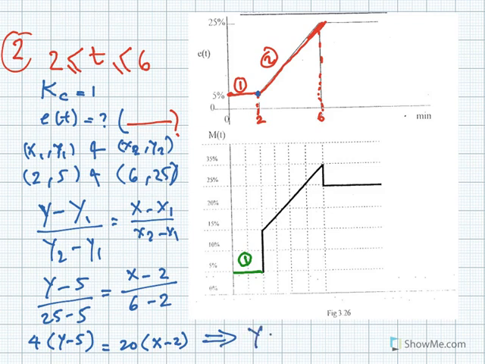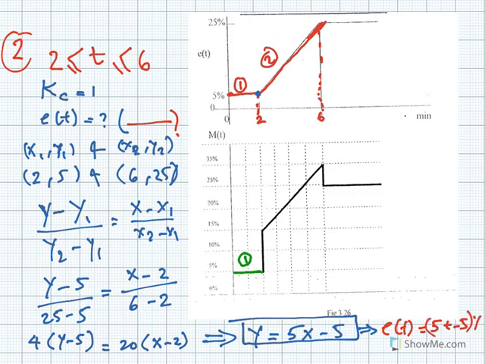Then you will find that y equals 5x minus 5, and this is the equation of the line. If you'd like to express it with respect to time, E equals 5t minus 5, and this will be in percentage.